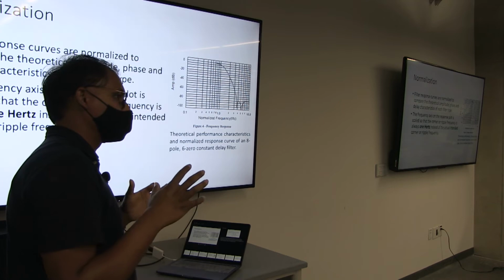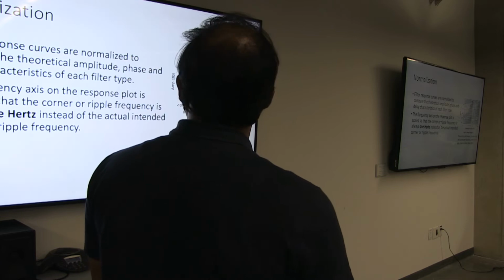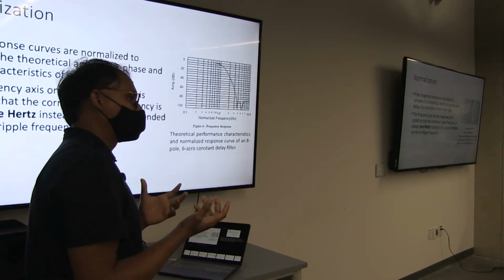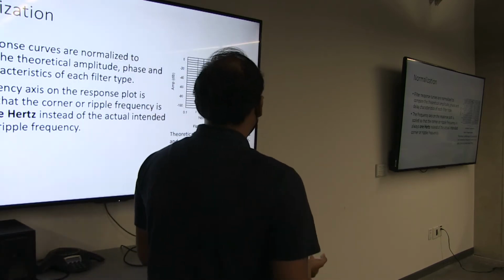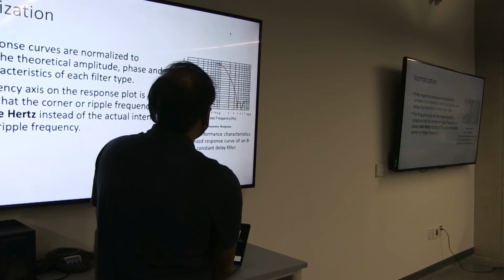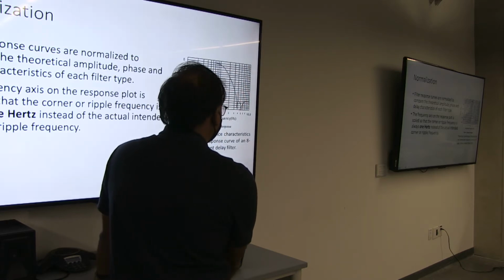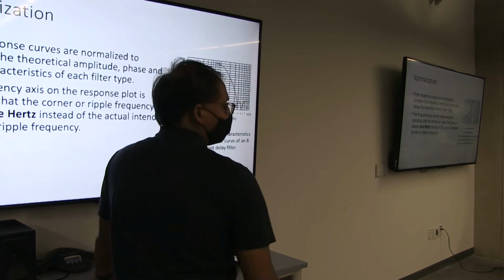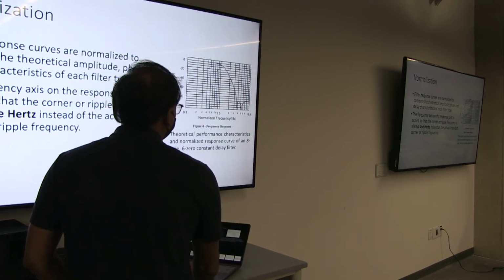Now I'll go through standard parameters that are of interest in a filter. Whenever we want to compare filters, we want to normalize them so that we can compare the transition frequency. We want to compare what the transition band is like, and we also want to compare the ripples that will come due to the transfer function that we pick. When we say normalize, we normalize the corner frequency to be 1.